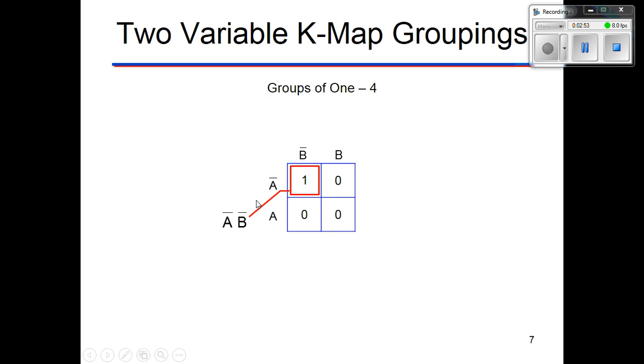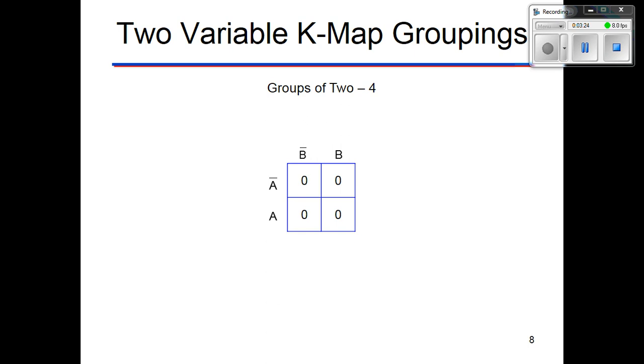If you have a group of 1, then that's just the term that you have. You collect all the terms and add them up. This is also a group of 1. This one has the coordinates of A and not B. This one has the coordinates of not A and B. And this one has the coordinates of A horizontally and B vertically.